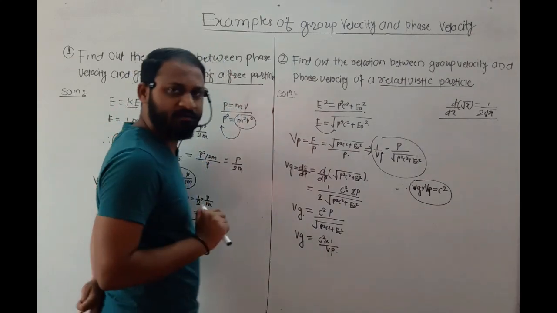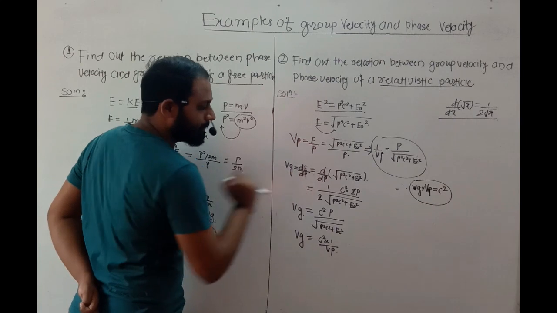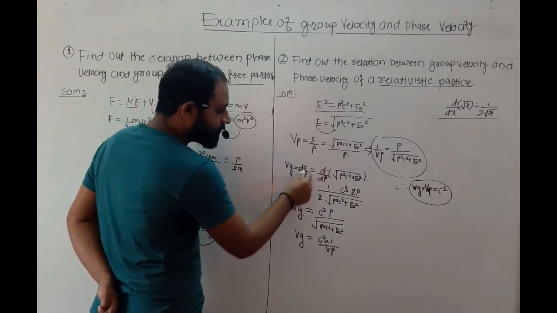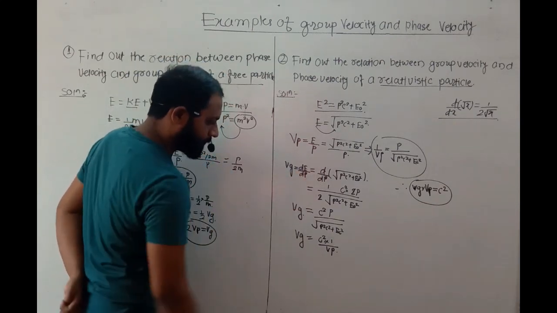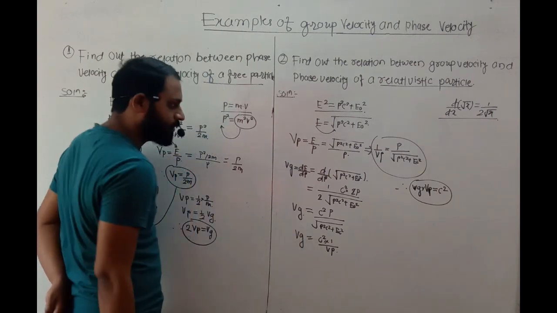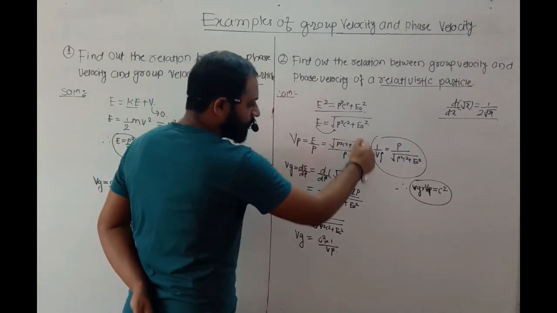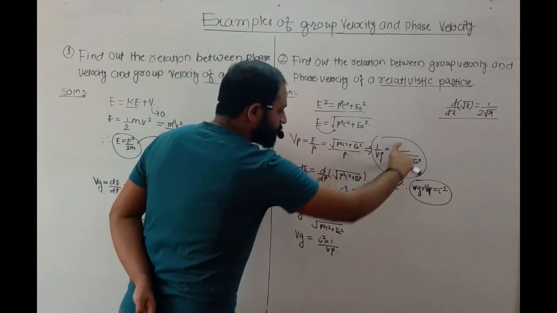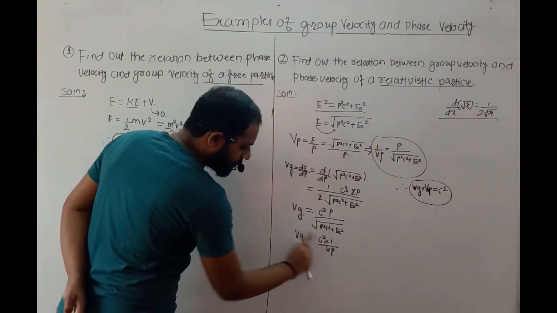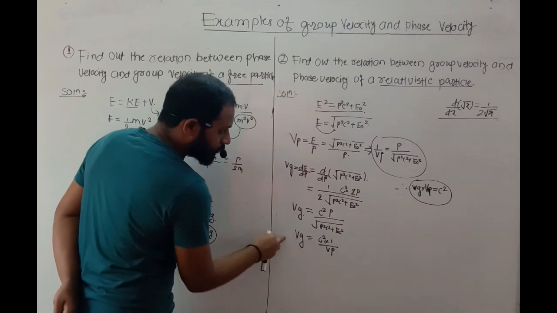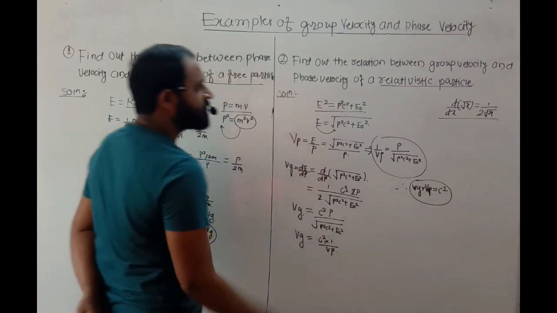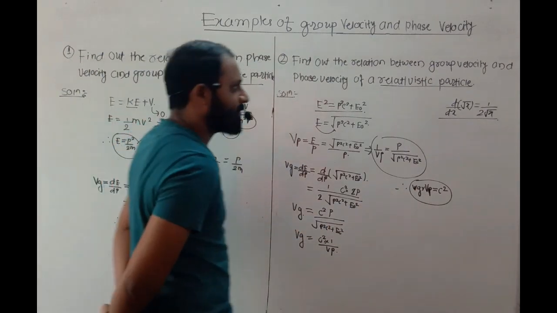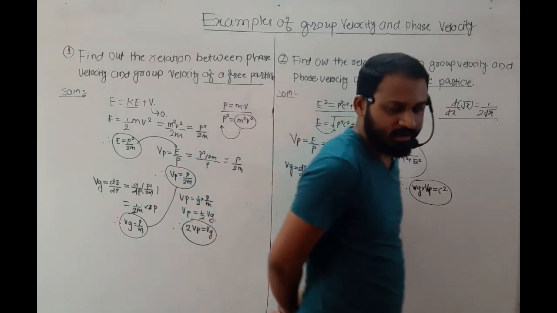Then again I have the relation for group velocity, dE by dP. I just differentiated this E with respect to P. Now I have taken the reciprocal of phase velocity and I got this, and instead of this I have put 1 by P. Therefore Vg into Vp equals C square. This is the relation between the group and phase velocity for a relativistic particle.